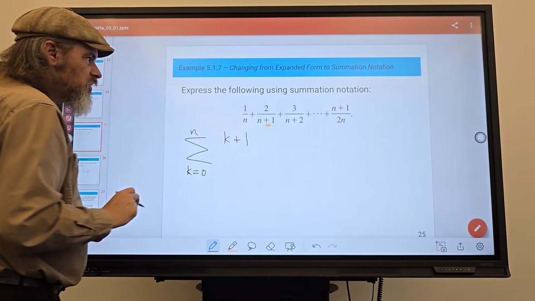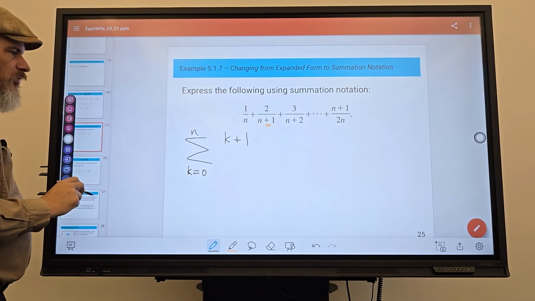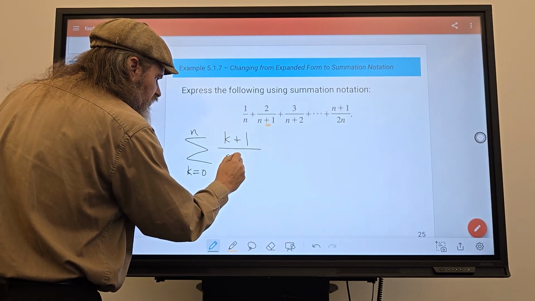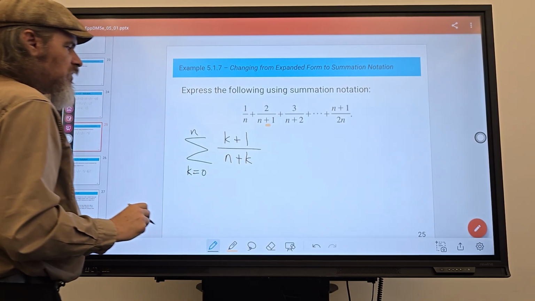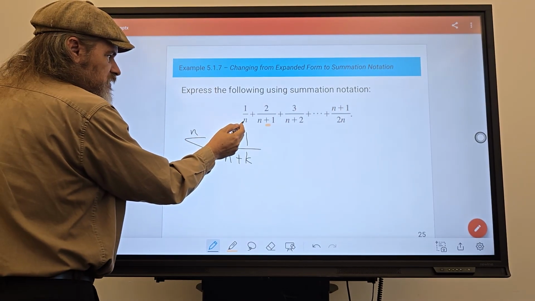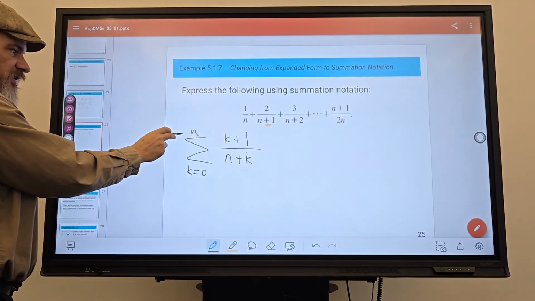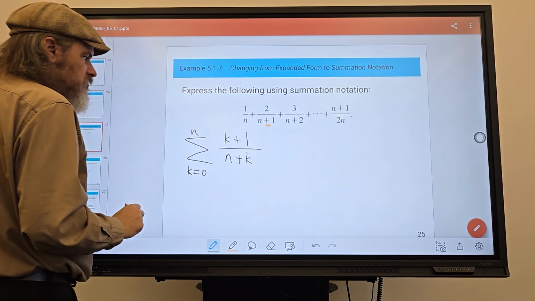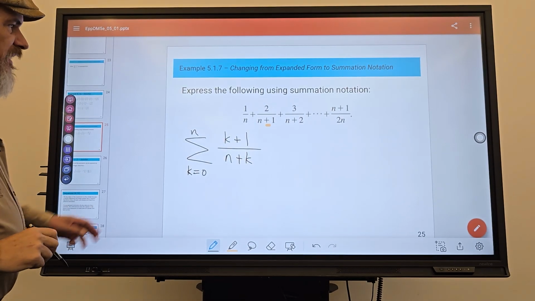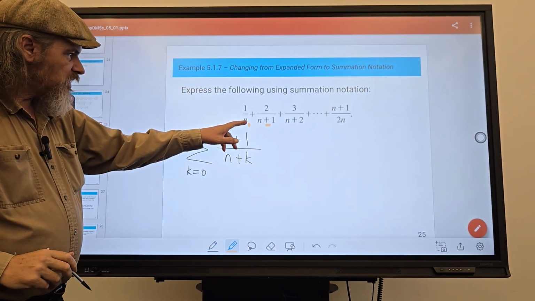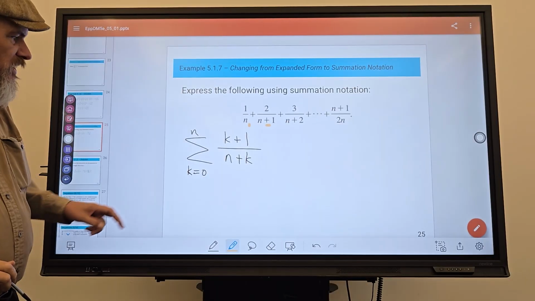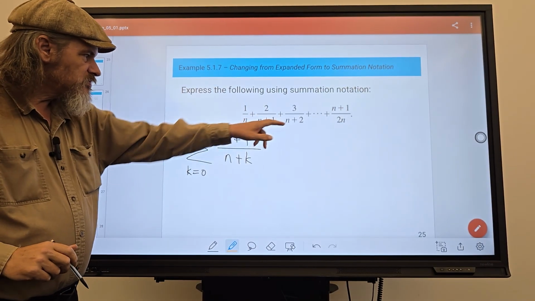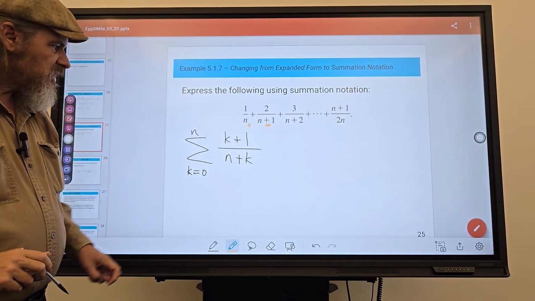So you would start with k plus 1 in the numerator. The denominator would be n plus k, because your n doesn't change, because that's given in the summation symbol, and you're adding plus 0 in the first term, plus 1 in the second term, plus 2 in the third term, so it would be plus k.